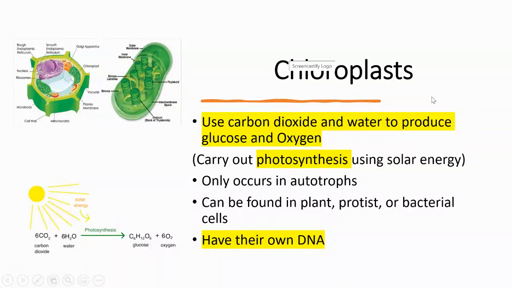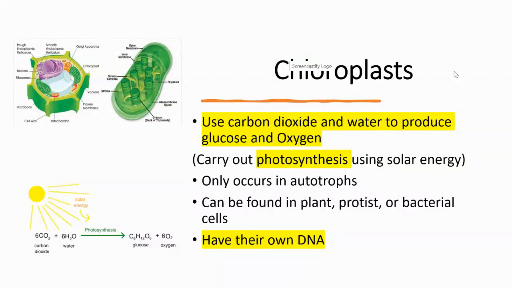The chloroplasts are structures that are going to be found in photosynthetic cells like plant cells, protocells, or bacterial cells. They use the carbon dioxide and water that is produced in respiration to make glucose and oxygen.